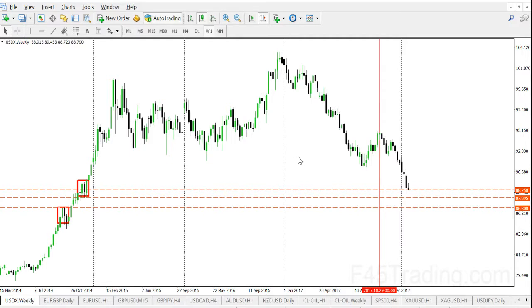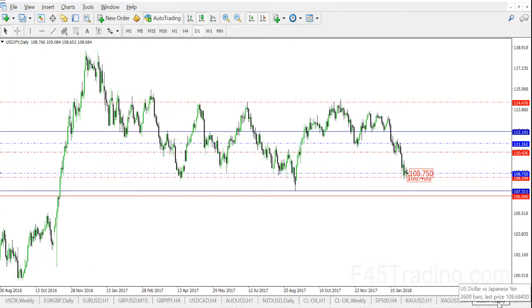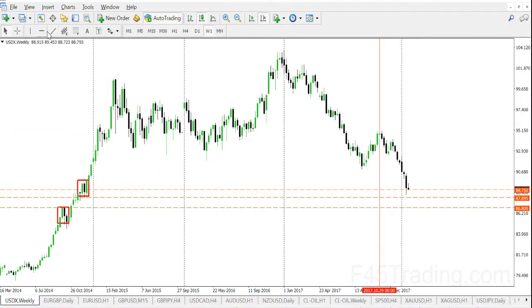And I'll give you an example. So USD yen, bearish. U.S. dollar, bearish. That's correlated, USD as a front pair.